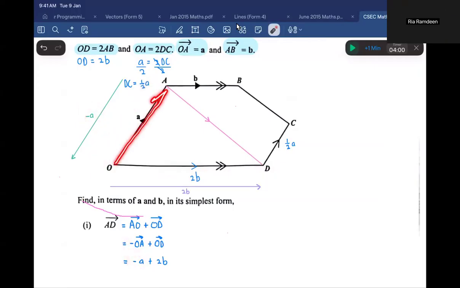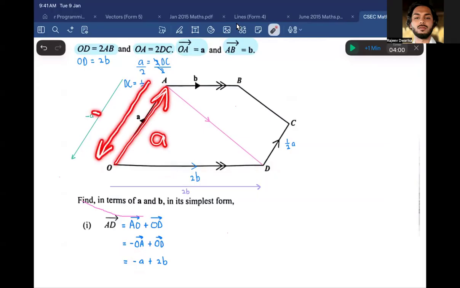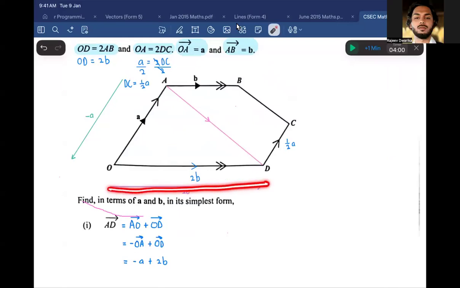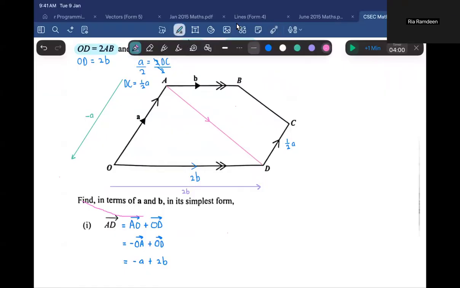O to A is in this direction, so it's positive A. A to O is in the opposite direction, so negative A. And we're going in the direction of O to B, so that'll be 2B. So minus A plus 2B.